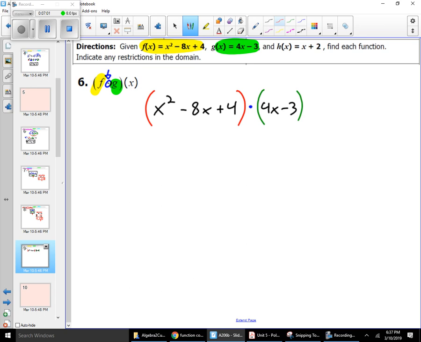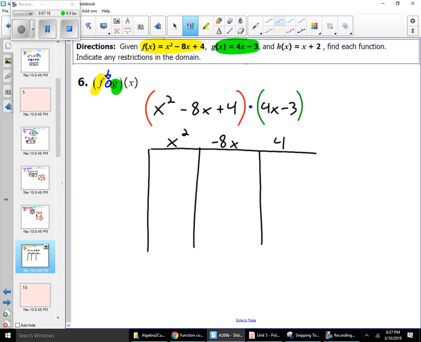So I'm going to have to multiply 3 terms by 2 terms. We haven't done that in a while, but when we did, this was a problem that we set up using that lattice method. Taking that x squared, that negative 8x, and that 4, creating columns there, taking the 4x and the negative 3 from the binomial, and creating rows.